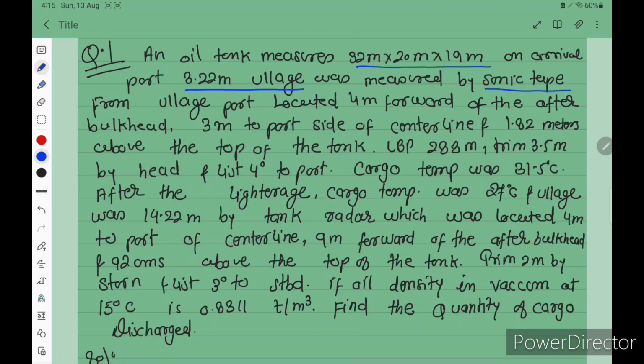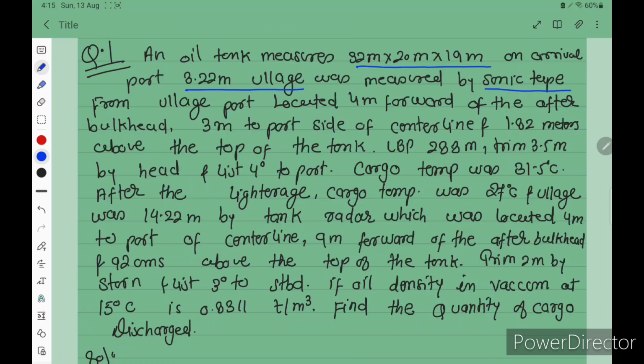degree to port, cargo temperature was 31.5 degree centigrade. After the lighterage, that means the vessel is coming from lighterage, so some cargo was discharged. Lighterage means discharging to reduce the draft. Cargo temperature was 27 degree after lighterage. Ullage was 14.22 measured by the tank radar, which was located 4 meter to port of the center line, 9 meter forward of the after bulkhead, and 92 centimeters above the top of the tank.